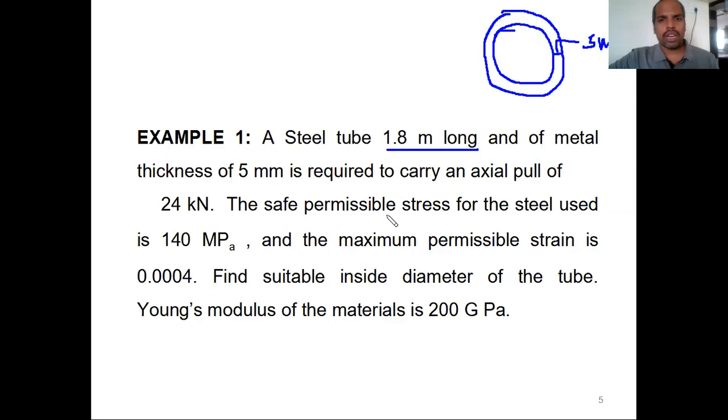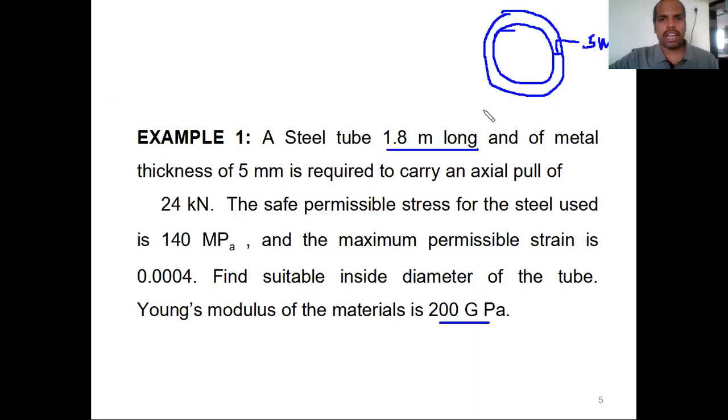So what do we want to calculate? The safe permissible stress of steel is given, the permissible strain is given, and Young's modulus E is given. We have to find the diameter, either the external diameter or the internal diameter. Let us say this is 5 mm, another 5 mm thickness, and this is the internal diameter.